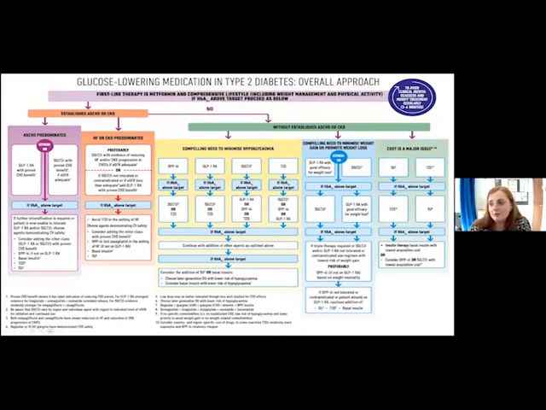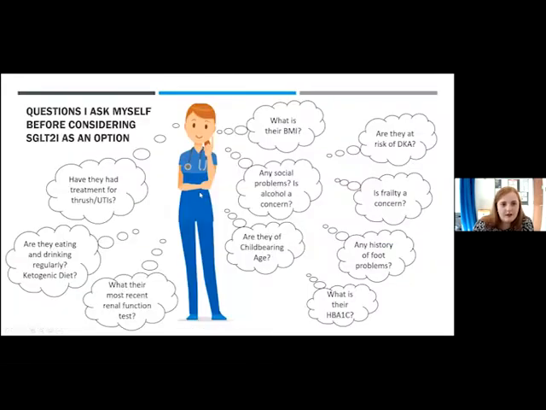Looking at the yellow column, you're looking at risks of hypoglycemia if this is something that you want to minimize. Look at your blue column, again, do you want to promote weight loss? That's your column. At the end one, something we don't really consider too much as practice nurses is your cost.